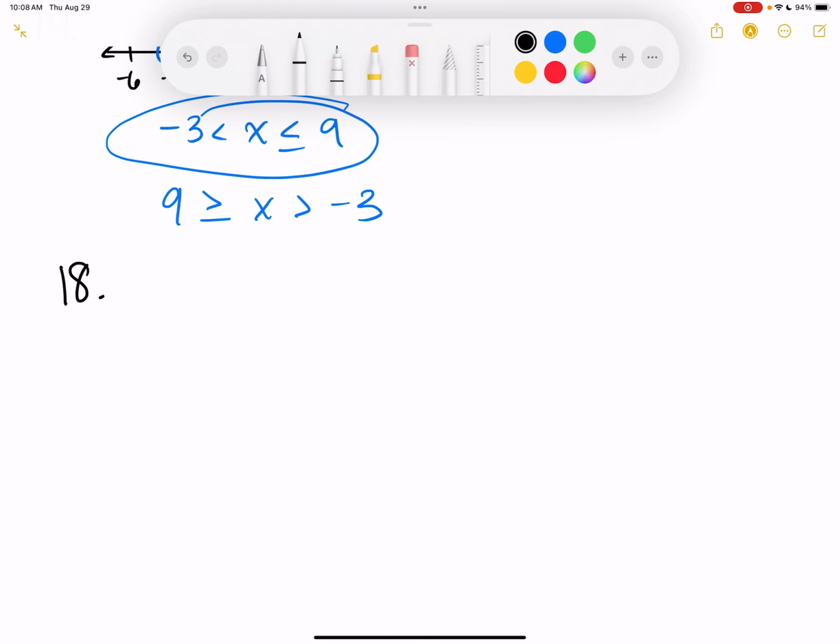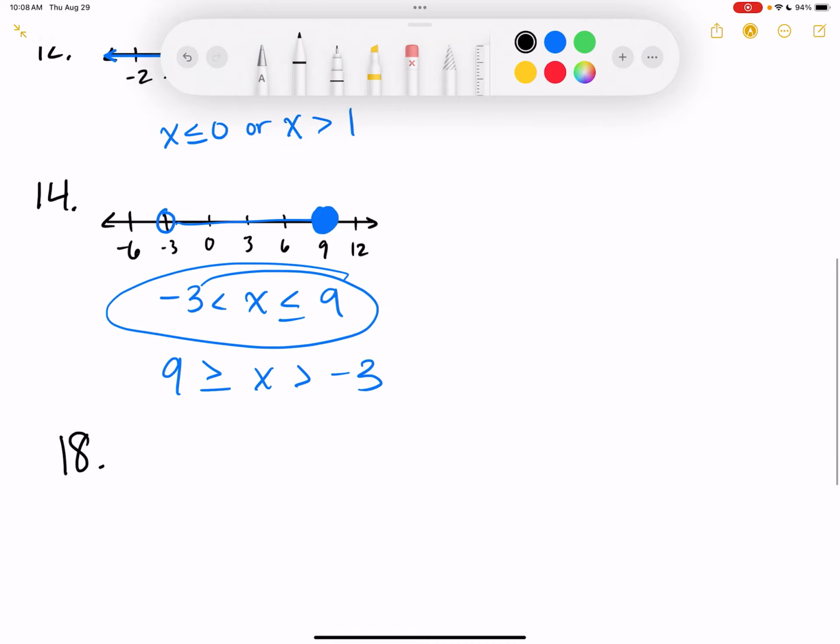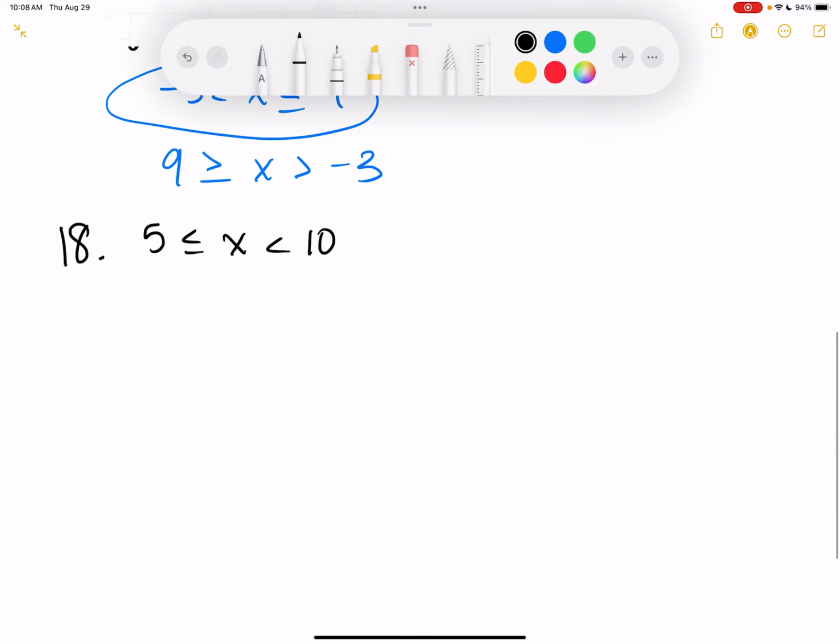Graph the compound inequality. 5 is less than or equal to x less than 10. I cannot remember which one is less than and which one is more than. Look, the less than looks like an L for less than. Yeah, that's how I do it because I'm slow too.